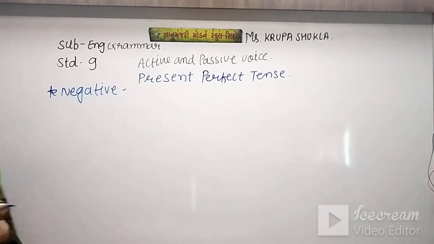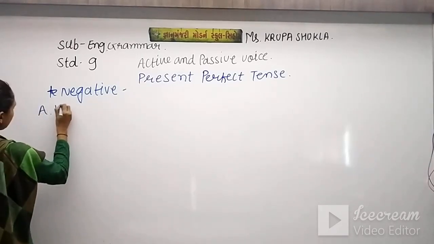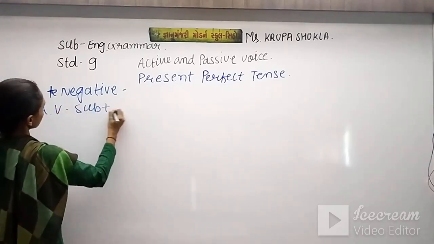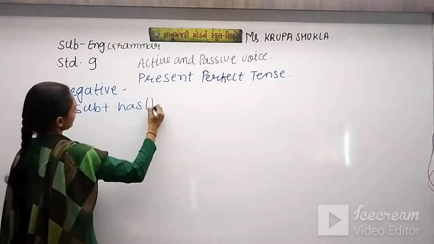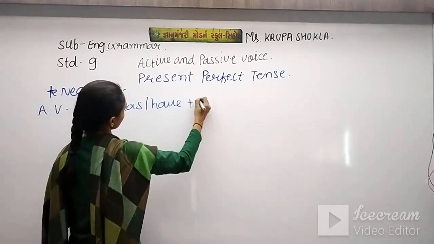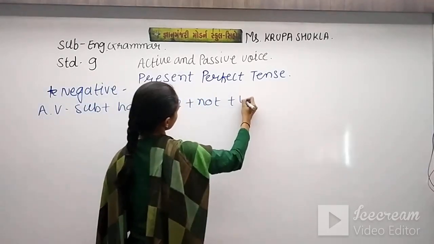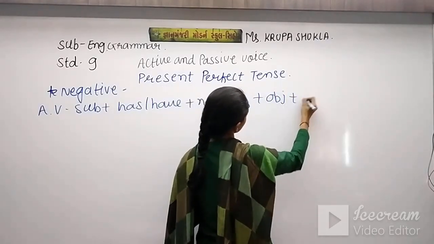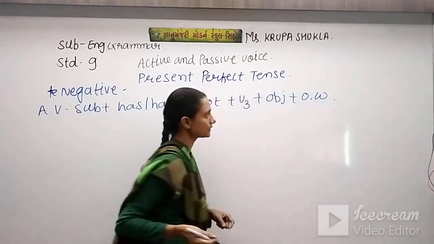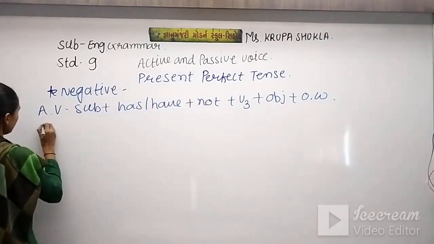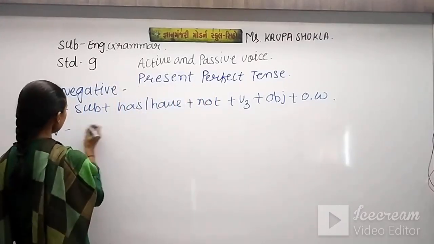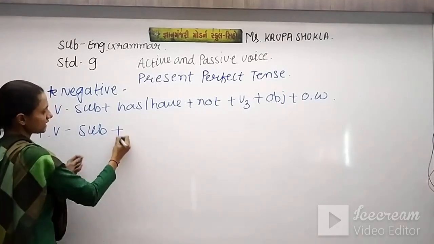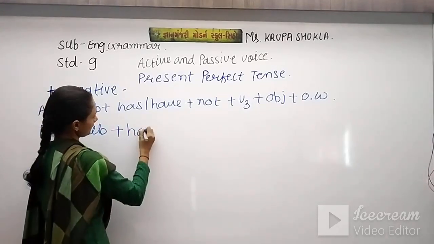In negative sentences, in active voice we have subject, has and have, not, V3 and object or other words. Now in passive voice, this object will come here and become the subject, have and has remain the same.